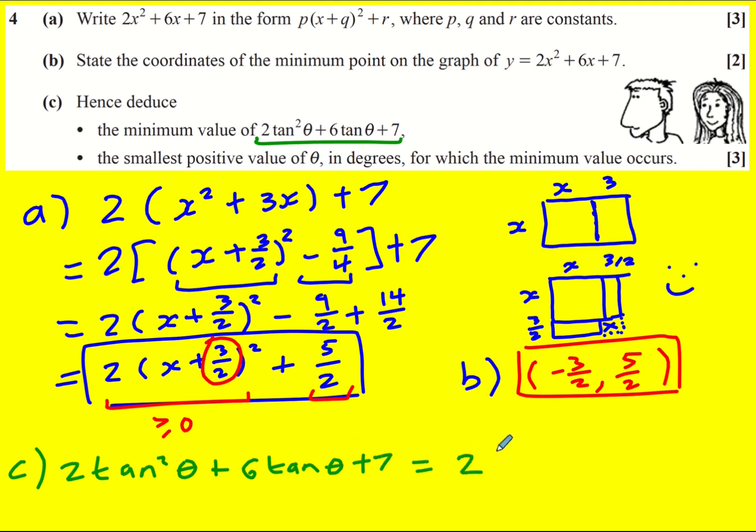We can just basically replace x by tan theta. Okay, and again, the minimum's actually going to be 5 over 2 because this thing still can never be negative.